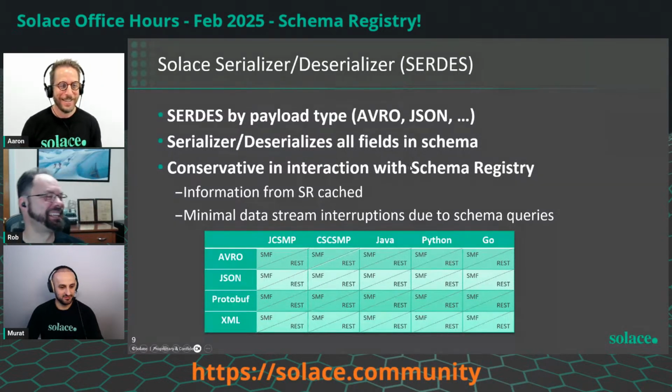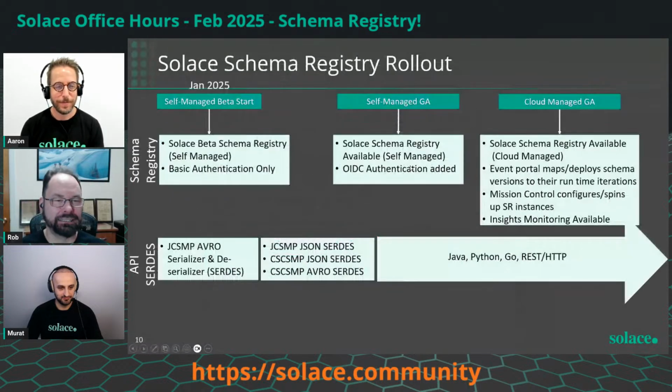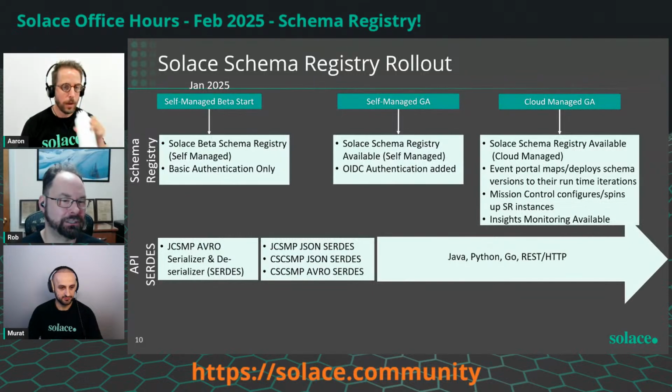All right, that leads me to the rollout, which I already discussed. Right now the self-managed beta has started. We've provided an open source schema registry, since our schema registry is not complete yet, and it's going to provide basic authentication only.